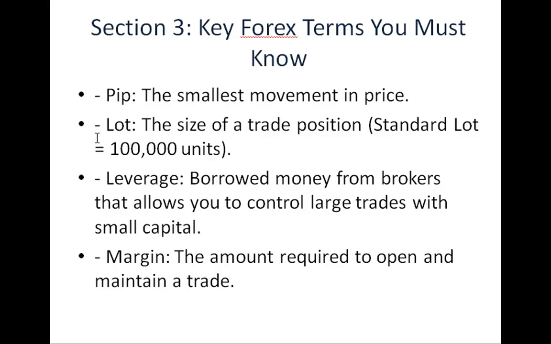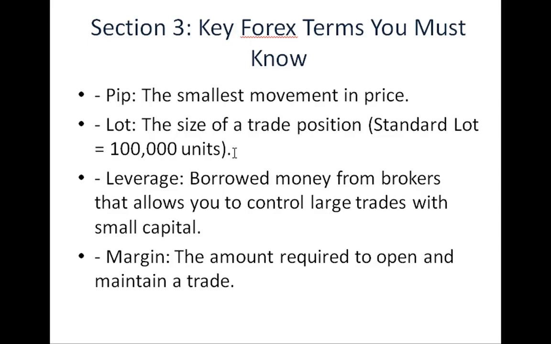There's what we call lot size. Lot size is the amount you are willing to go into a market with, the size of a trade position. You can go into a market with $10, $1. Others can go with $100,000, $10,000, depending. In lot size, we have standard lots, mini, micro, and nano.